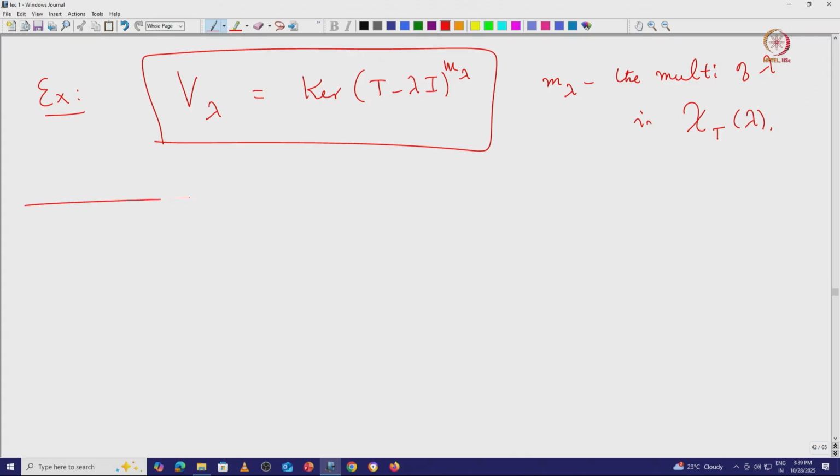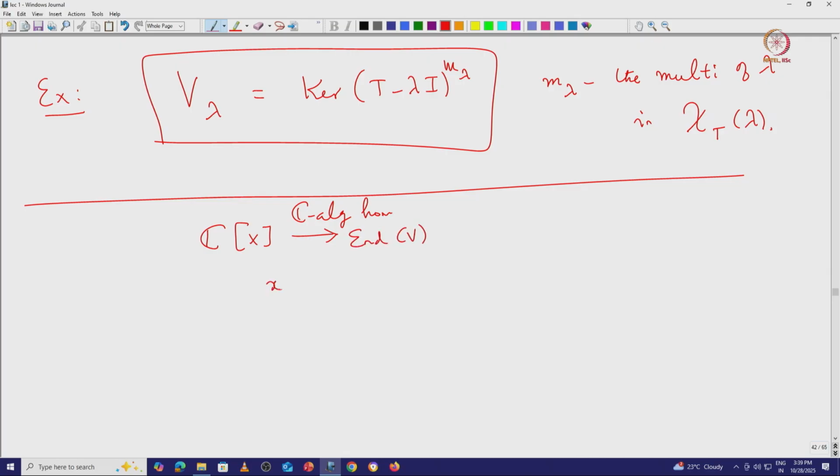So, let me define what is called the minimal polynomial of T, and that plays a very important role in the primary decomposition and so on. So, we have this natural algebra which is generated by T inside the endomorphism of V, and that can be obtained by evaluating x at T. So, you define this C algebra homomorphism from C[x] to endomorphism of V, that is defined by x goes to T, which is evaluating x at T, and then 1 goes to 1.